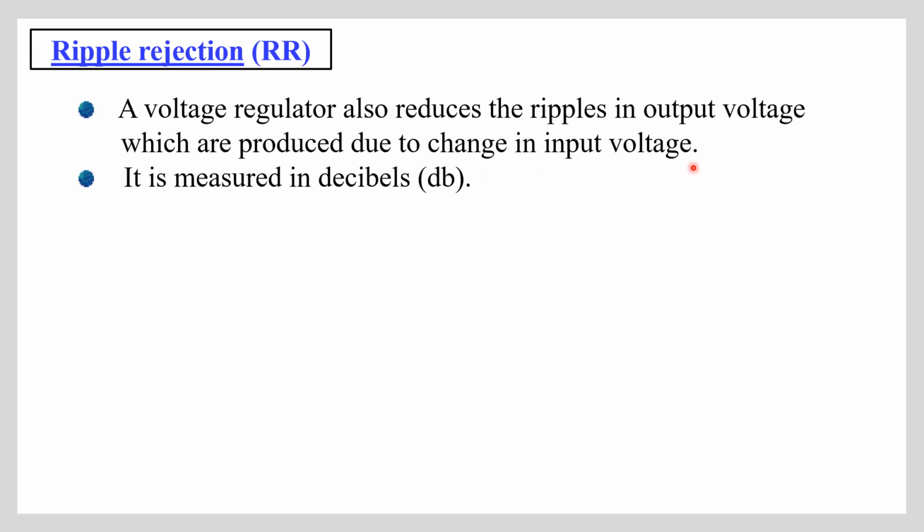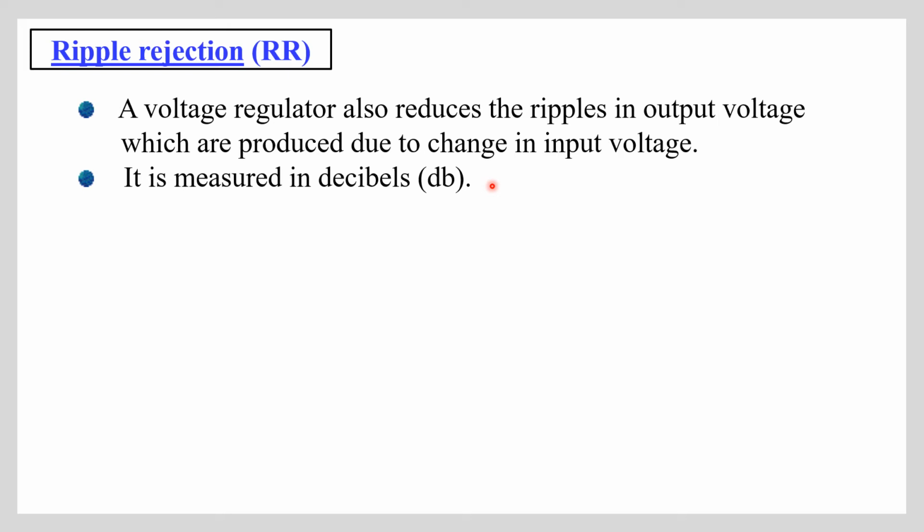The ripple rejection is usually specified in decibels. So it is measured in decibel. For example, a ripple rejection of 40 dB, that is decibel, means that the output ripple is 100 times smaller than the input ripple. Is it clear?